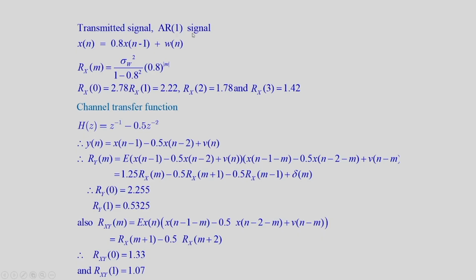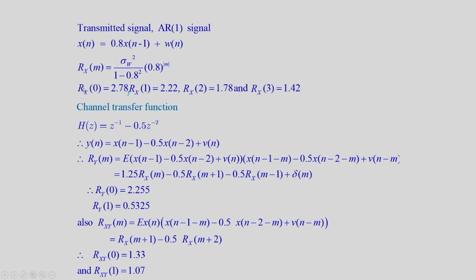The transmitted signal is an AR(1) signal. What is this? x[n] = 0.8 x[n-1] + w[n]. Recall the AR model in our earlier lecture. We know that the autocorrelation function, which was derived from the Yule-Walker equation, is given by Rx[m] = sigma_w^2 / (1 - 0.8^2) times 0.8^m, and here sigma_w^2 is equal to 1.